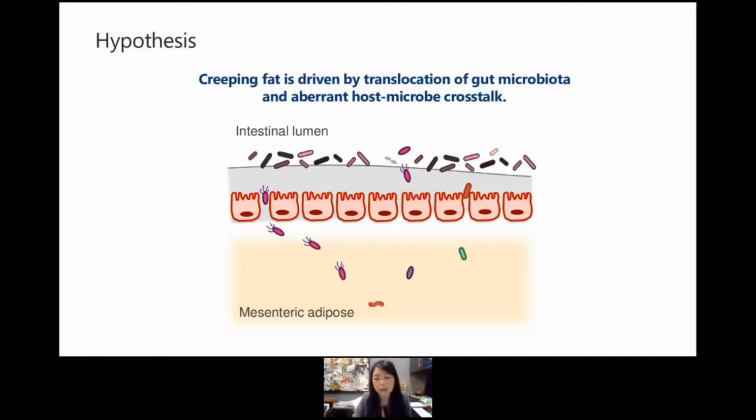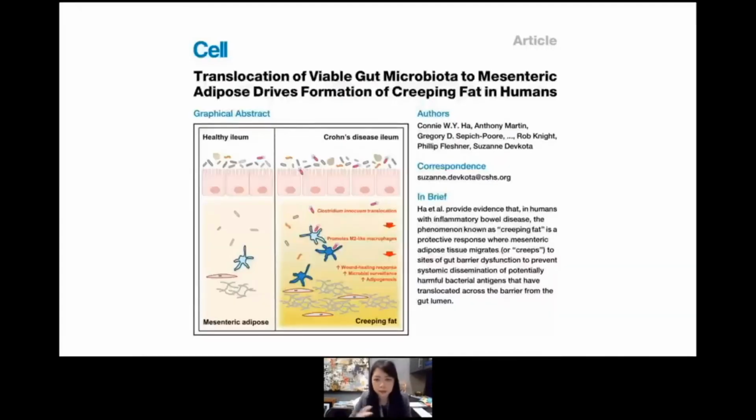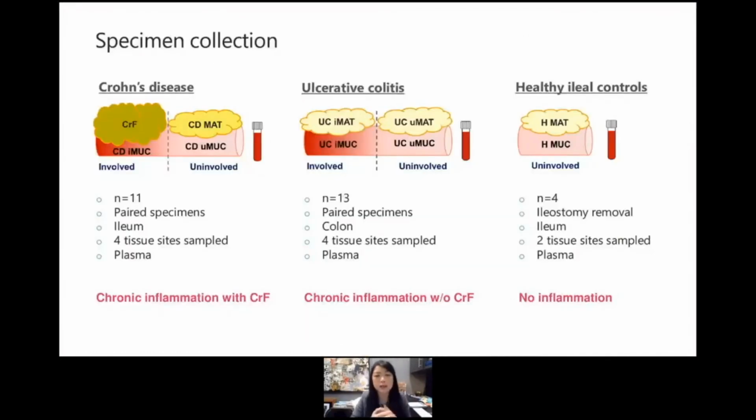And we think that maybe this migration of microbial cells to the fat is triggering a lot of host responses that lead to this creeping fat development. The entire story, you can look at in our recently published paper. But in today's talk, what I'm going to highlight is how we use various types of sequencing techniques to really get to the mechanistic insights.